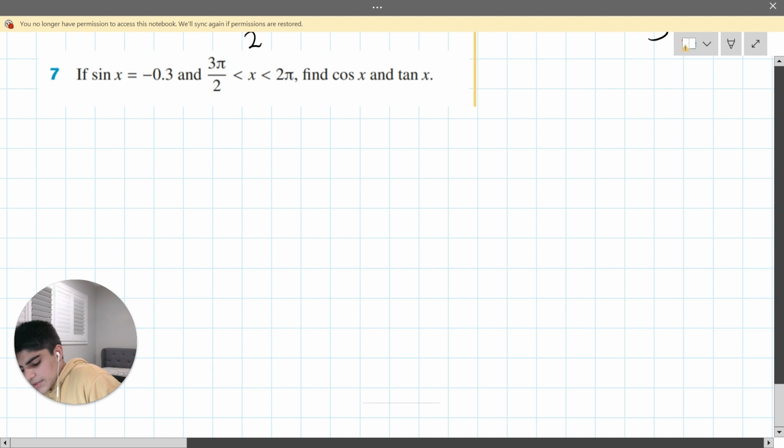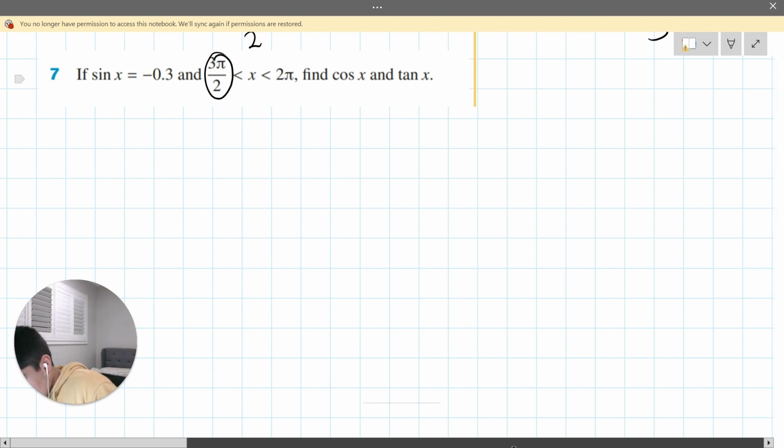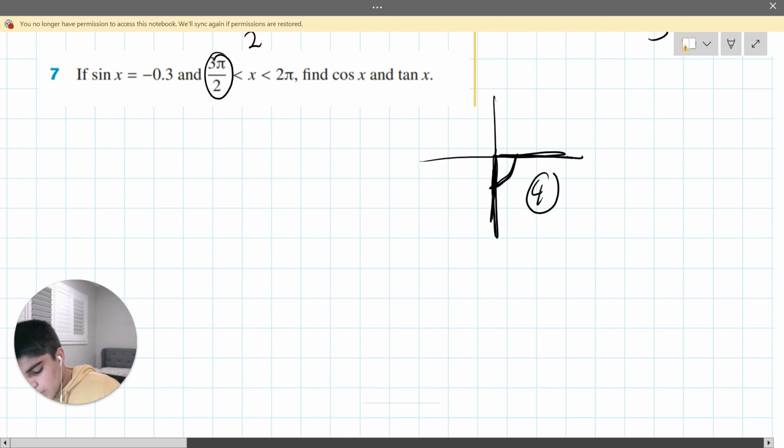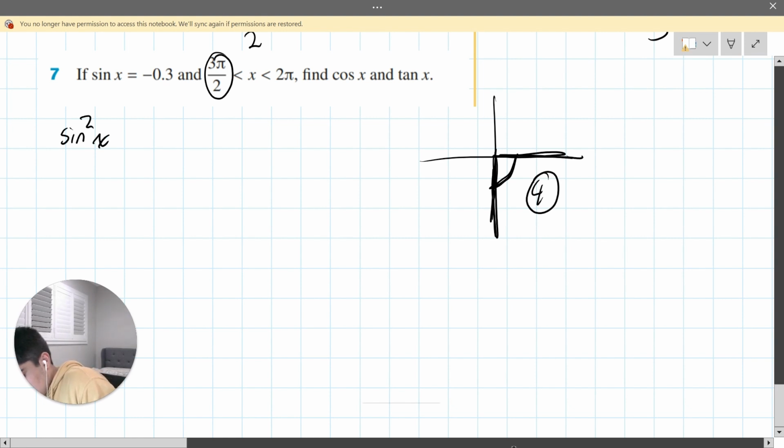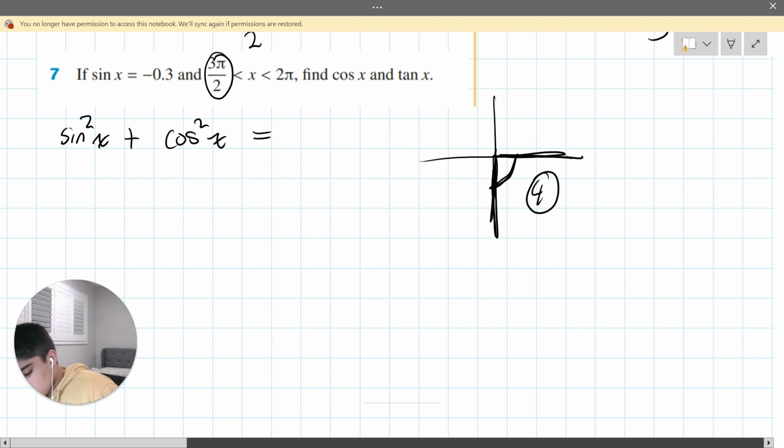Last question, guys. The domain for this one is 3 pi on 2 to 2 pi. So x is less than 2 pi but greater than 3 pi on 2. So we're trying to find an angle in the fourth quadrant. Sine squared x plus cosine squared x equals 1.